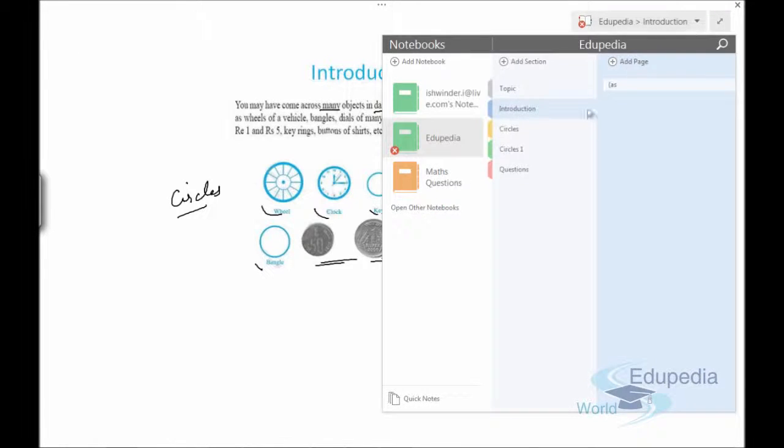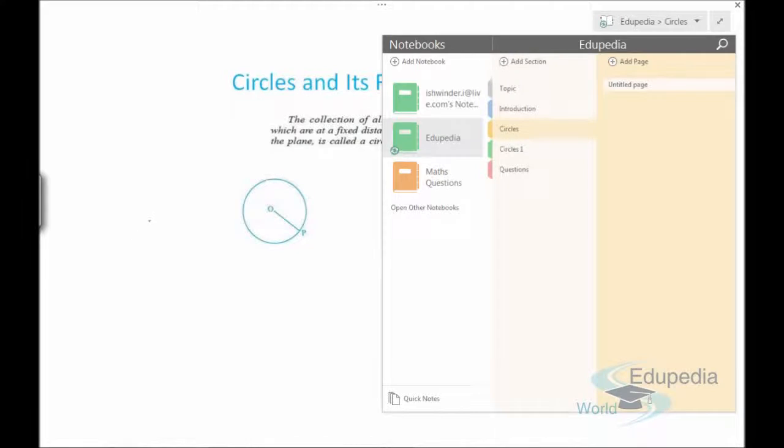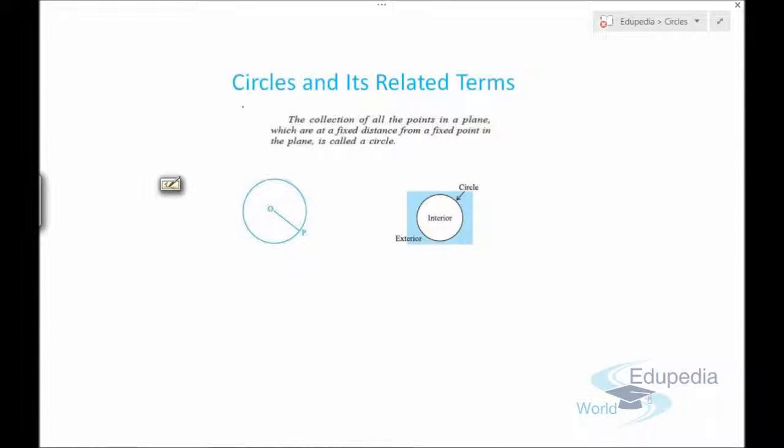Let's discuss some of the properties and terms related to circles. The collection of all the points in a plane which are at a fixed distance from a fixed point in the plane is called a circle. What does this mean?